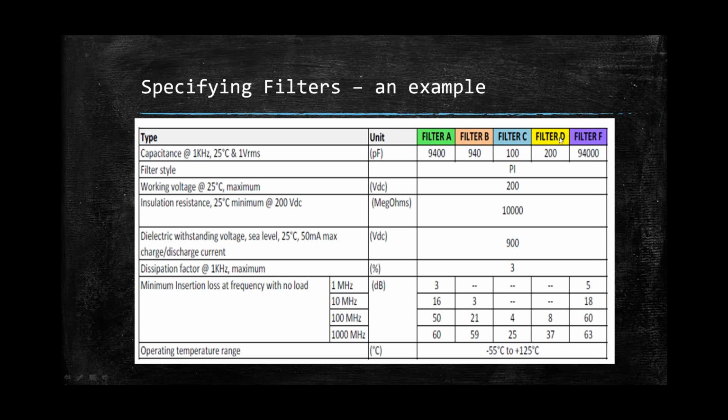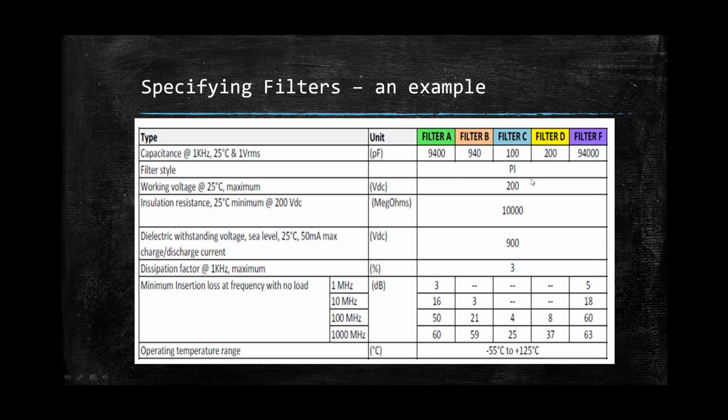Not all of these are on the same capacitor, but they can be. This one here has 94 picofarads. This one here has 9,400 picofarads. This one's 940, 100, and then 200. And these are all in pi circuits.